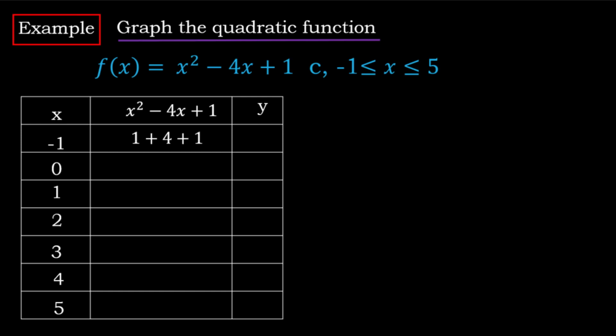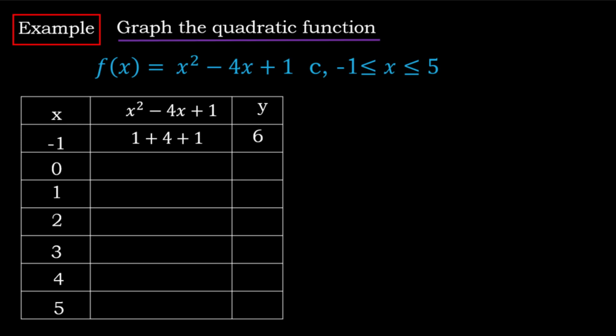For example, to find the value of f of -1, just cancel x and write -1. -1 squared equals 1, and -4 times -1 will be 4, plus 1. Now 1 plus 4 equals 5, 5 plus 1 equals 6.